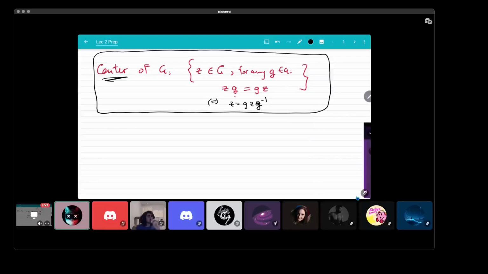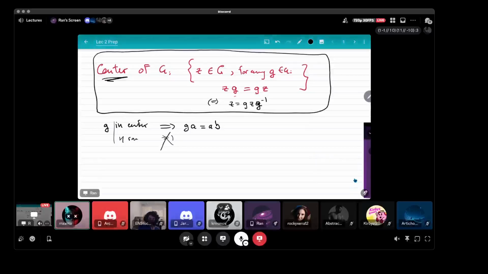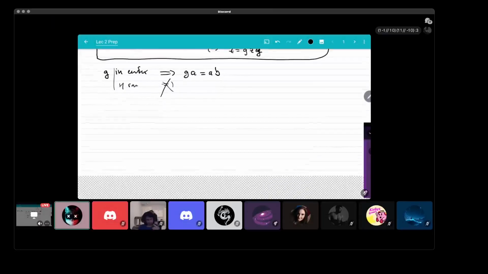If an element is in the center, it means it commutes with any other element. If it was in just any random normal subgroup, it does not mean this property. So the center can be hard to compute.